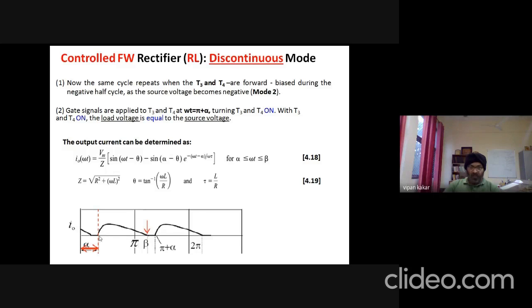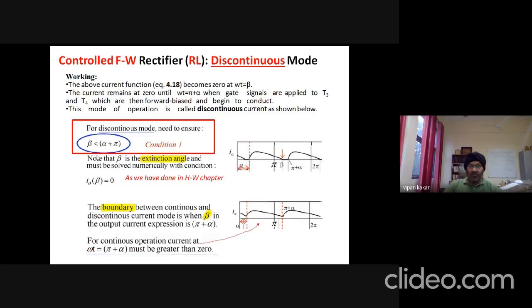So from alpha to beta, we have this much current for the discontinuous case. So it means beta should be less than alpha plus pi. This is alpha plus pi, meaning when the next group of thyristors, T3 and T4, are turned on. So before T3 and T4 are turned on, beta should be less than pi plus alpha. That is the first condition for discontinuous mode.